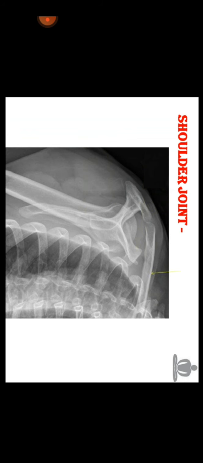So first is clavicle, second one is acromion, third one is coracoid process, humeral head, humerus, then body of scapula, and inferior angle of scapula. So this is basic alignment of X-rays. You can see this on the screen. So these are important points to be remembered in case of shoulder joint.